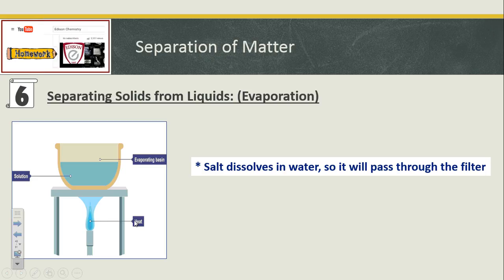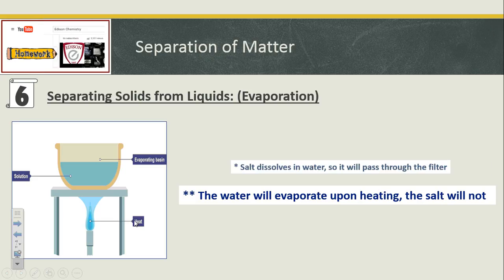If you pass salt water through a filter, the salt carries with the water and goes straight through those microscopic pores. But in an evaporation, the water is going to evaporate, salt will not. The heat boils all the water off, and the salt stays behind, leaving you with a separated mixture.